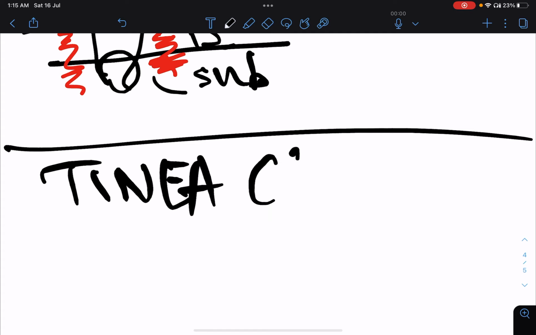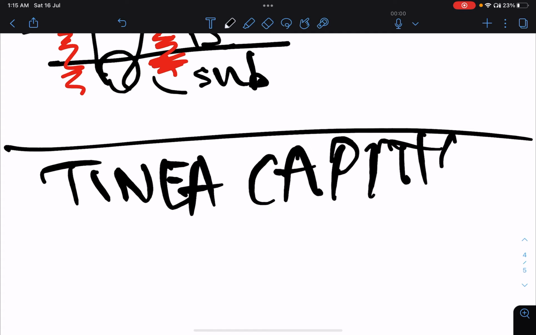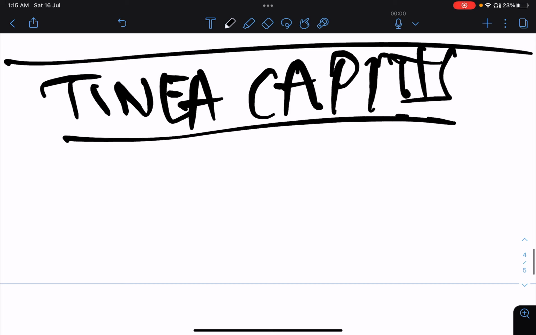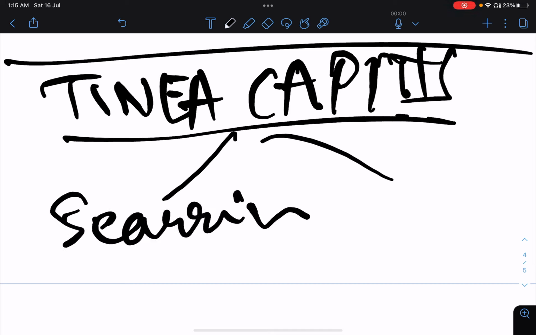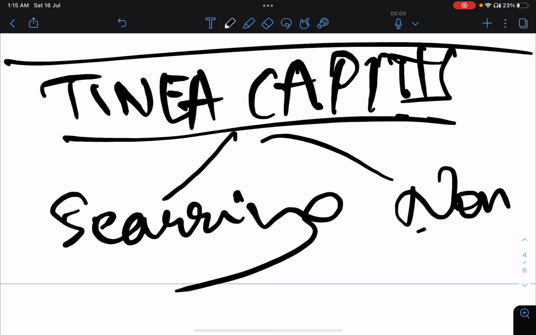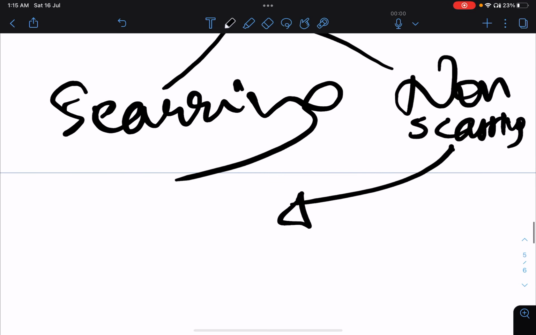Now, tinea capitis, you would be wondering, why is it non-scarring when it's fungi? Actually, it could be scarring as well as non-scarring. If I'm saying it's non-scarring, I essentially mean that it is reversible, and what I also mean is that the hair follicle is preserved and there is less inflammation compared to when it's scarring.